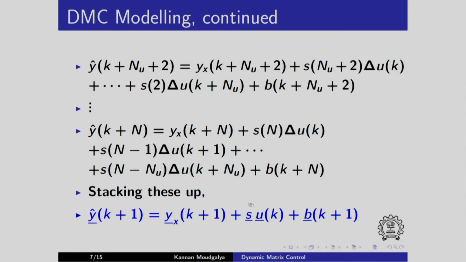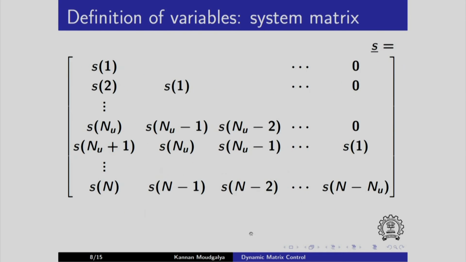We will see the expression for S underscore in the next slide. Here is the expression for S underscore. This consists of step response terms S1, S2 and so on.